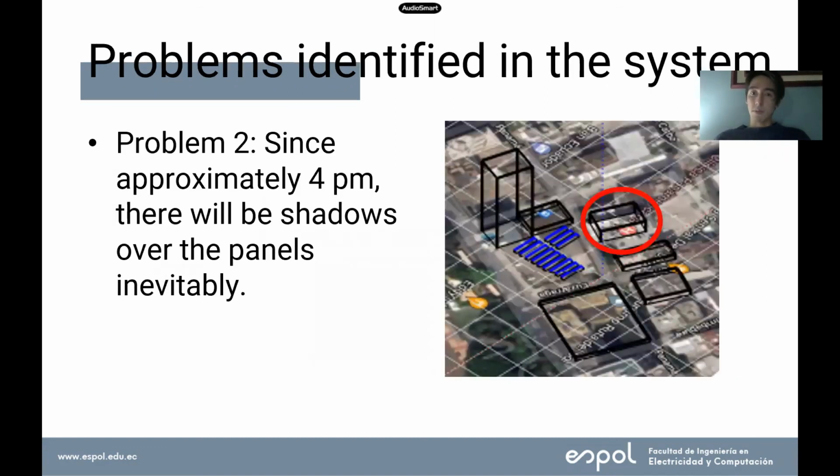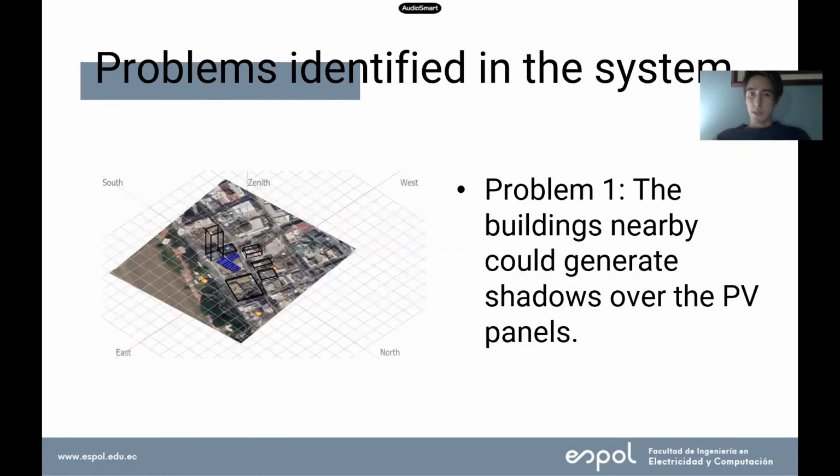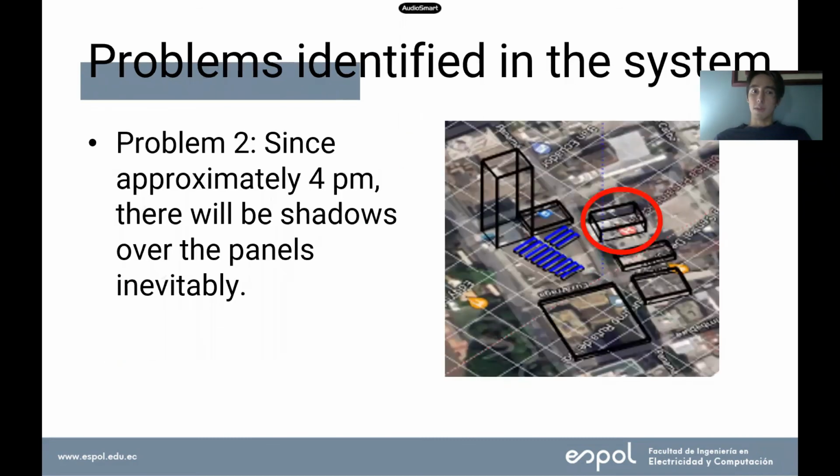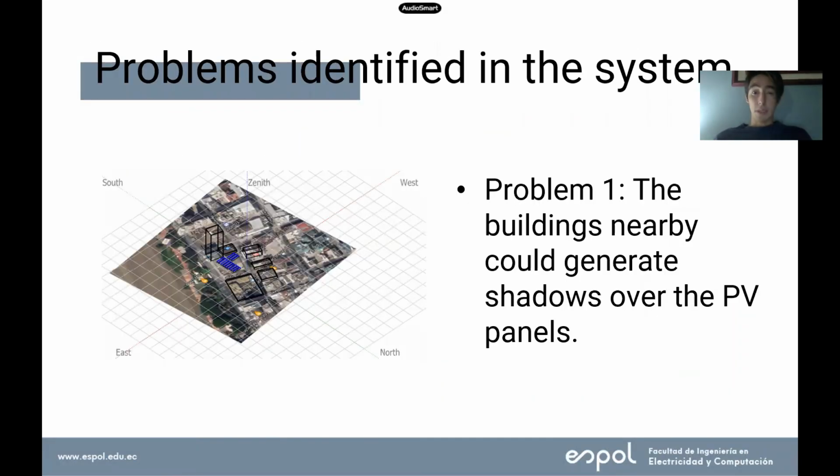The second problem identified in the system is that the sun comes from the east and goes to the west.